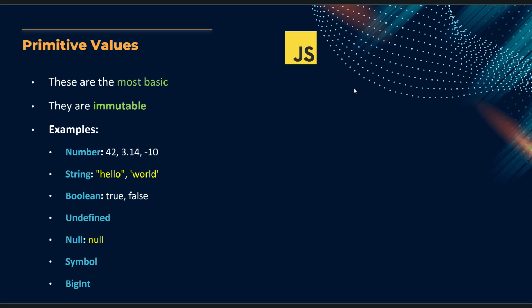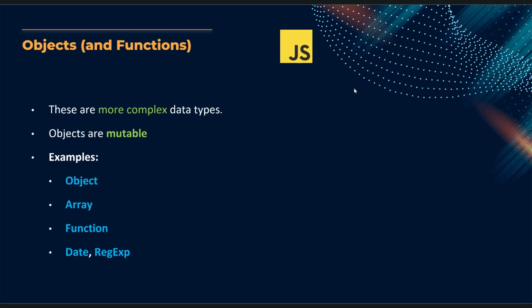These are unique and special values, often used in more advanced ways with objects. BigInt. This is for really, really big whole numbers. And don't worry, we'll dive much deeper into null, undefined, symbol, and BigInt as we go further in the course. We'll make sure you understand them perfectly.